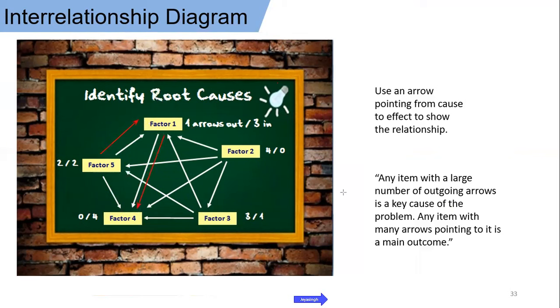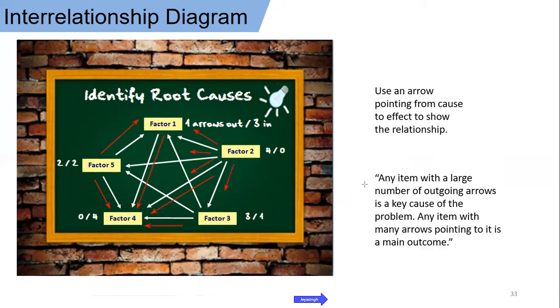But as it turns out, what you can see here is that most of the arrows are leading into factor number 4, right? You see almost all of the arrows leading to factor number 4. You also see a lot of arrows coming out of factor number 2.